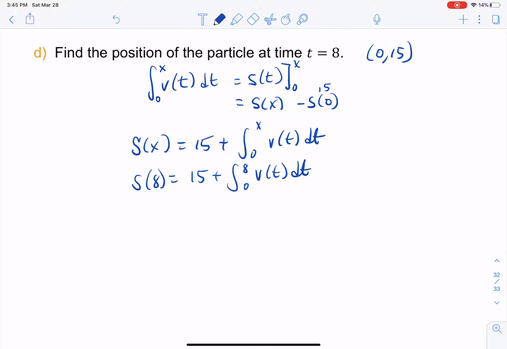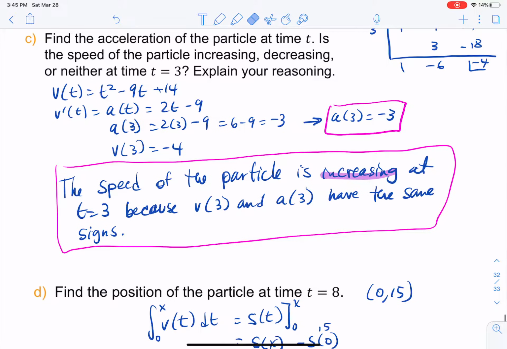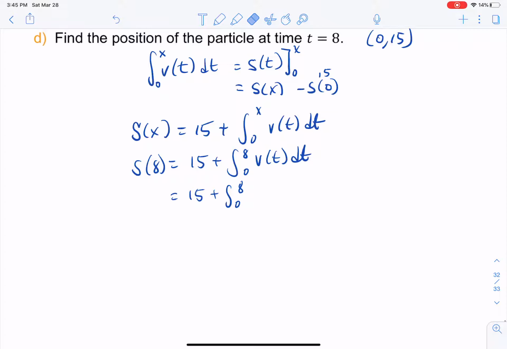Okay, so usually that's worth a point. Of course, what we're going to have to do is actually evaluate this. 0 to 8 of... Did I switch? No, I didn't. What was it? It was t squared, or did they give us x's? No, they gave us t's. Okay. t squared minus 9t plus 14 dt, which fortunately we have the antiderivative for already.